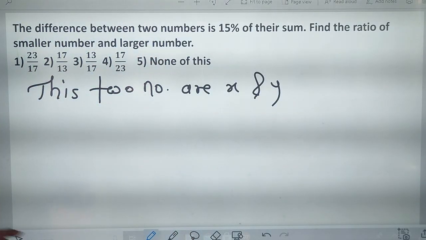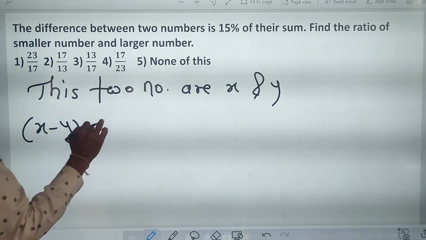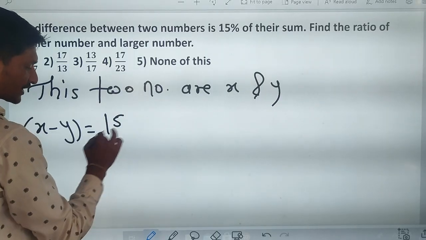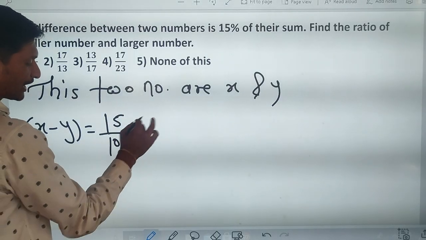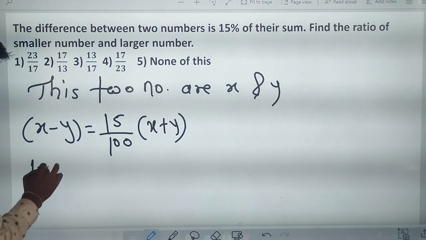Now the difference between these two numbers is 15% of their sum. 15%, that is 15 divided by 100. Now here we take cross multiplication.